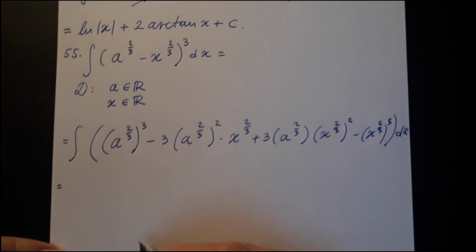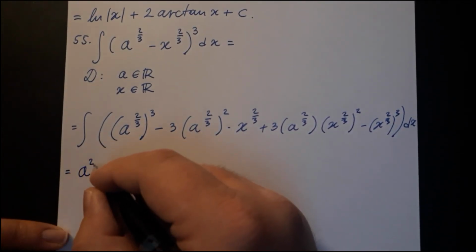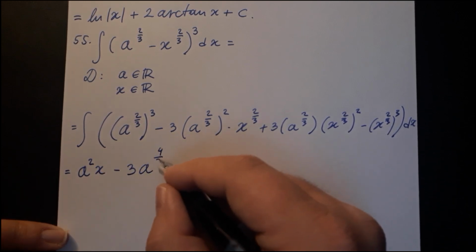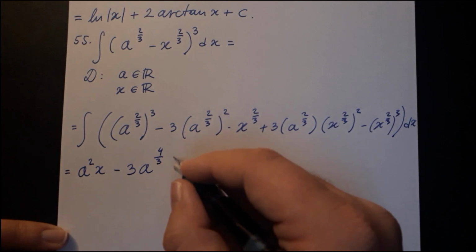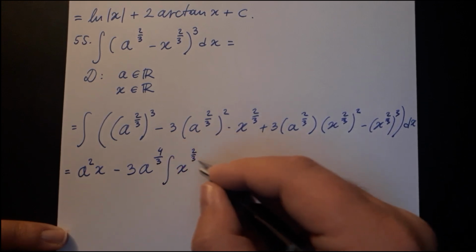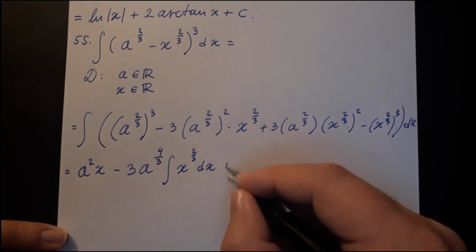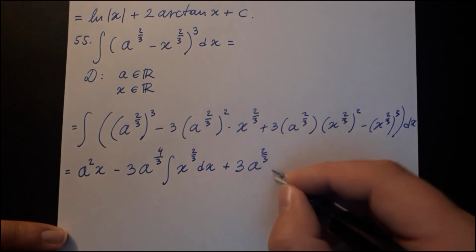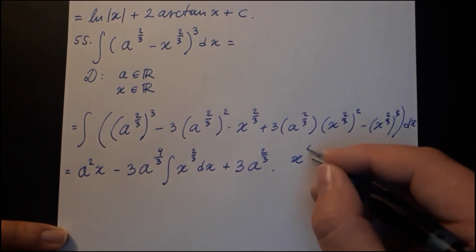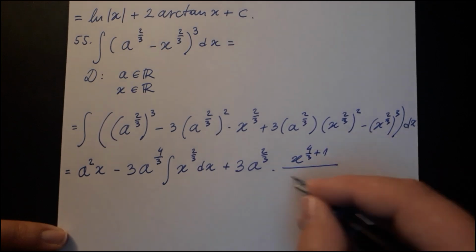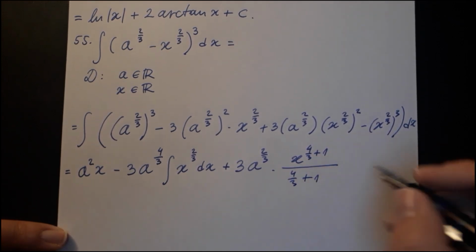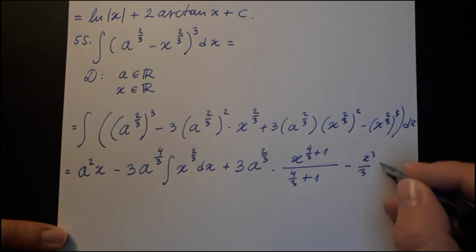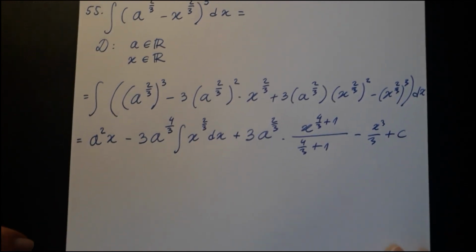And then this is equal to a squared x minus 3a to the power 4 divided by 3 integral of x to the power 2 divided by 3 dx plus 3 times a to the power 2/3 times x to the power 4/3 plus 1 divided by 4/3 plus 1 minus x cubed divided by 3 plus c.